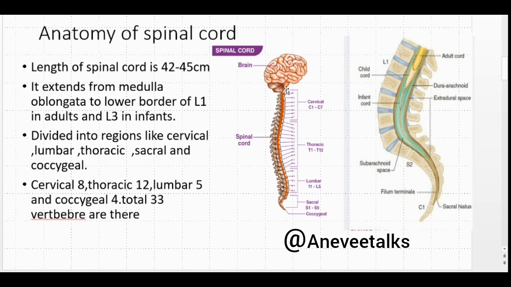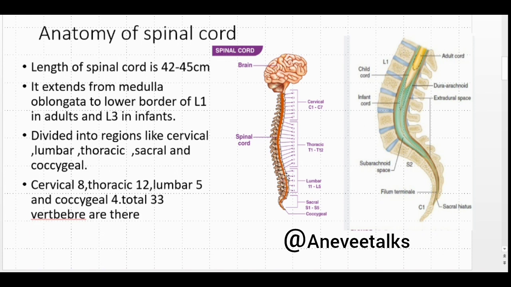The spinal cord extends from the medulla oblongata, from the brainstem, and ends at the L1 vertebra in adults and the L3 vertebra in pediatrics or infants. You can see it in this picture.